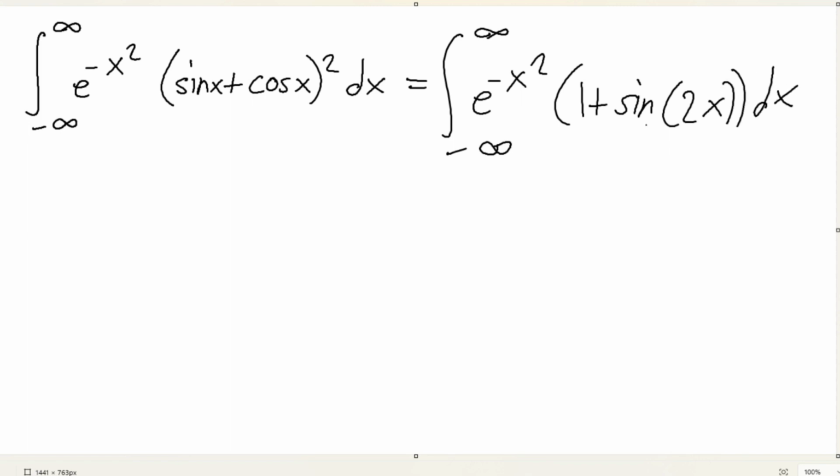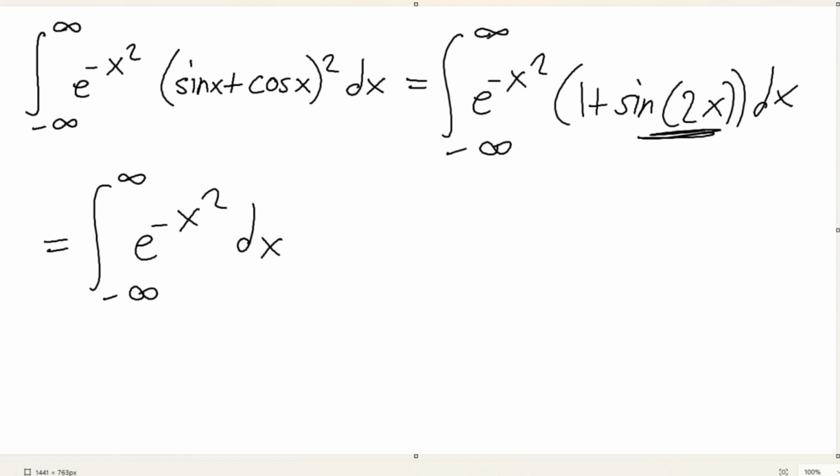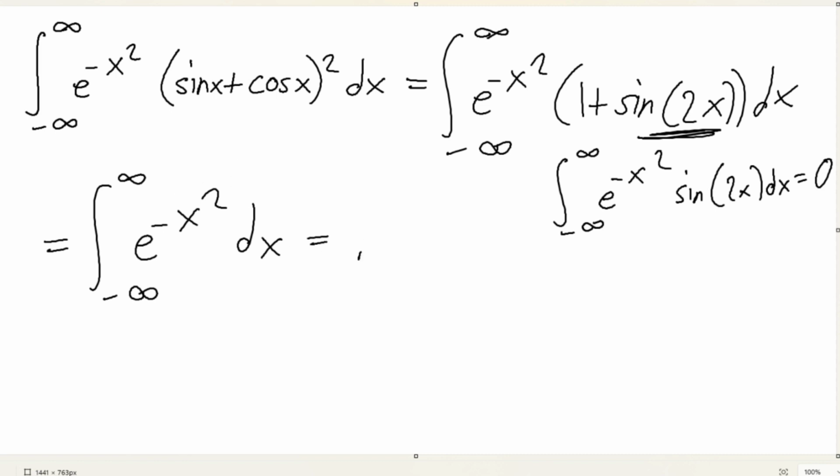Now if we split it into two terms, this is just equal to the Gaussian integral, and the reason is that sine 2x is an odd function. So this side of the term is just equal to 0 because it's an odd function. What we have is just the straight up Gaussian integral here, so the entire integral is equal to the square root of pi.